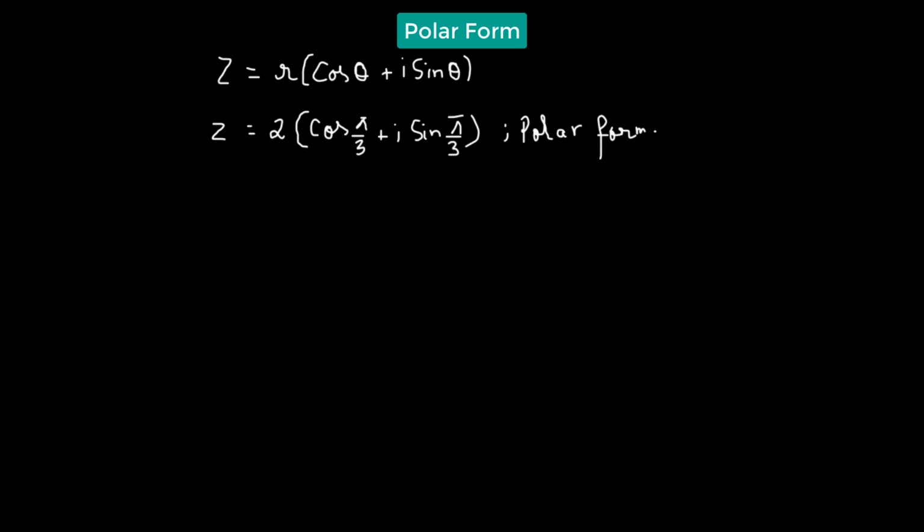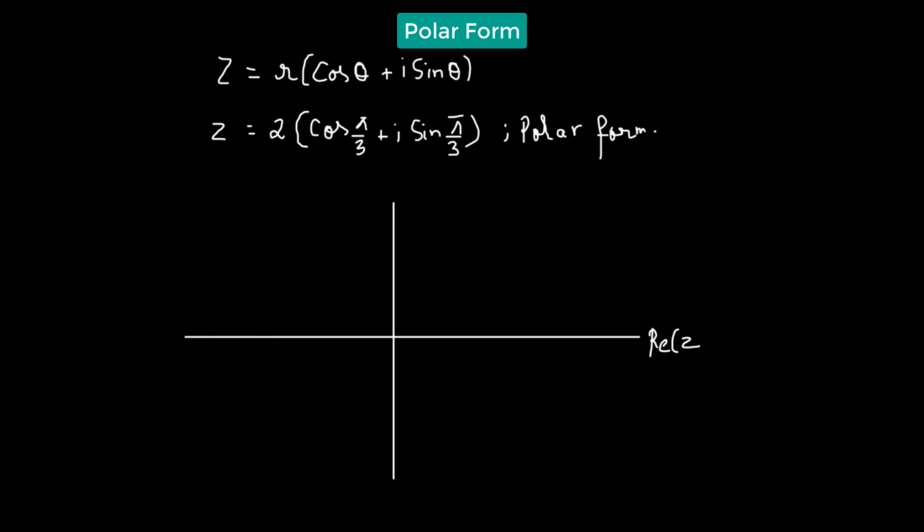what we're going to do is, first let's draw the Argand plane. So we have the real axis, which will be the real part of z, and the imaginary axis, which is simply going to be the imaginary part of z. Now we are going to draw a radius, a line which is going to have a length of 2 units, and it's going to make an angle of pi over 3.